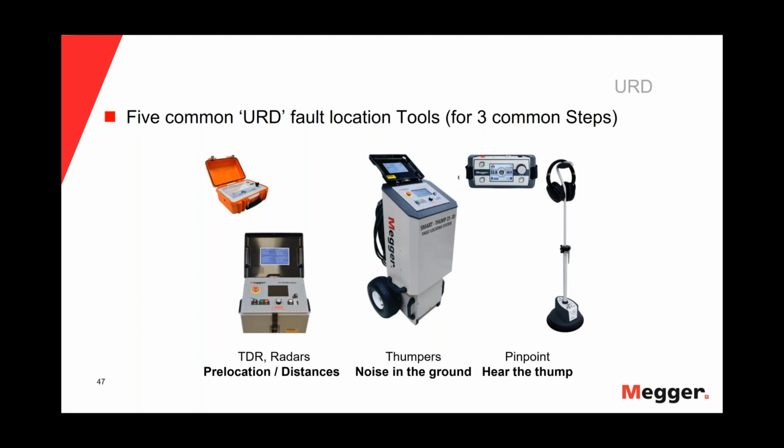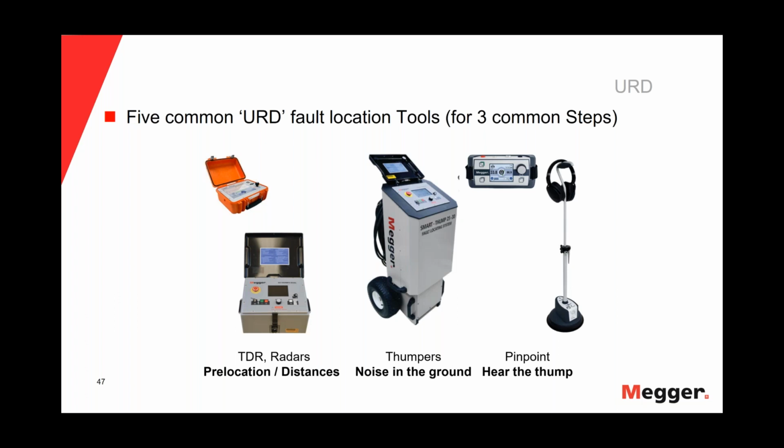So when you turn one of these units on, you don't have to follow this sequence, but the first thing it wants you to do is a breakdown test. After you've verified you're working a faulted cable, a click of the button will automatically take the unit to the pre-location method, where it gives you the distance to the end, and then you give it permission to do an arc reflection shot, and now you have your fault distance.